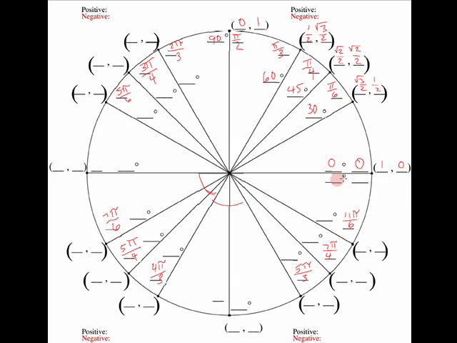Okay, then I got the easy ones. This is 360 degrees with 2 pi, right? This one over here is just pi, 180 degrees. This one's 270 degrees, 3 pi over 2.